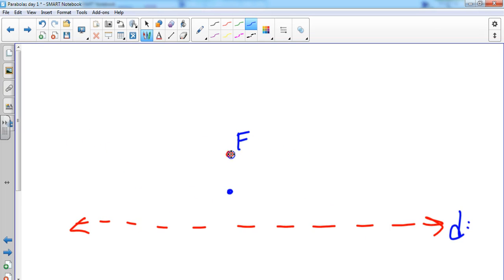In other words, if this red dot was, I don't know, a gas station, and this is a highway, okay? And I want to put my business where my workers can get to the gas station or to the highway the same distance away. I don't know, I'm making something up here. But if I pick a spot here, does that look roughly the same distance there as there? Okay, pretty close. When you measure to a line, you measure at a perpendicular, right?